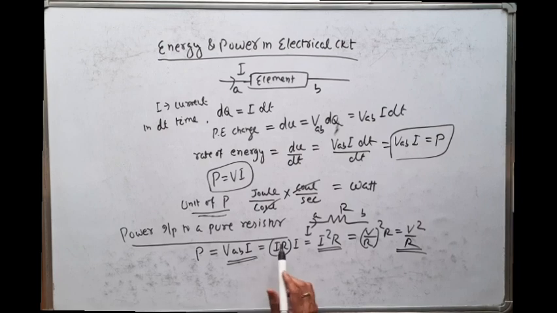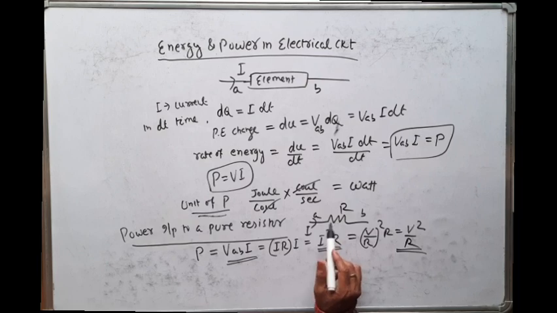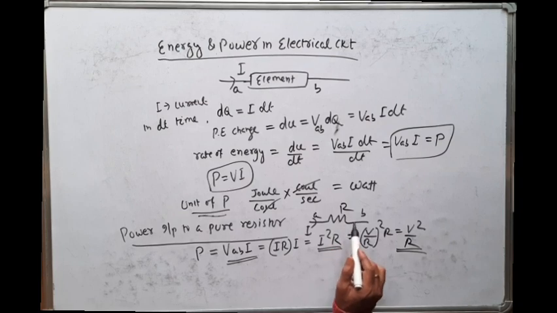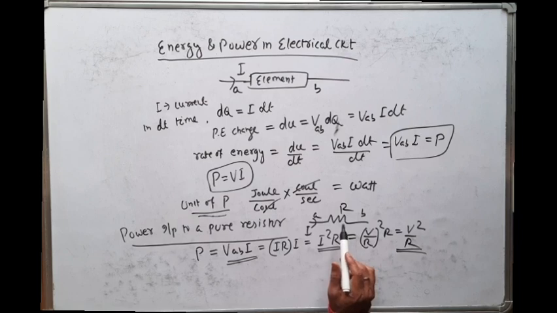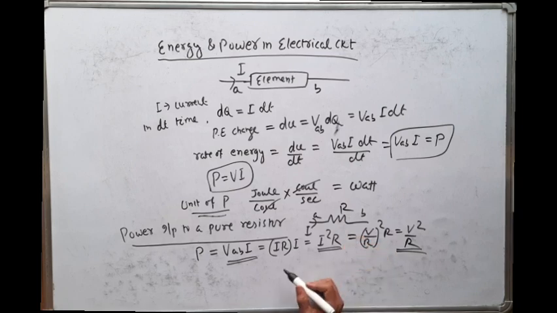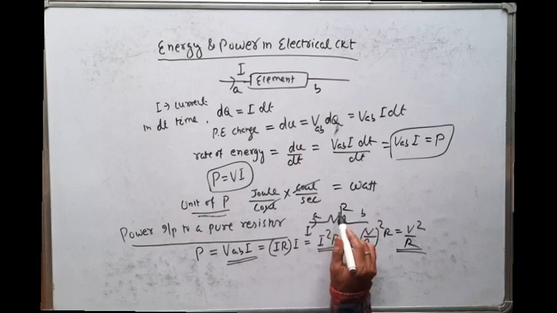So what happens when current passes through a resistor? This current means moving charge. So when moving charges collide with atoms in the resistor, they transfer some of the energy to the atoms, by which their internal energy increases. If internal energy increases, temperature will increase.